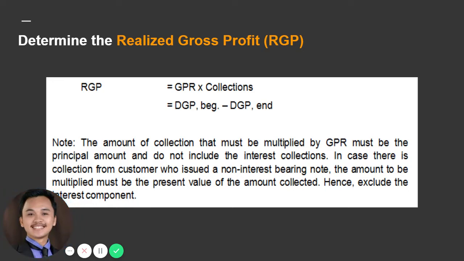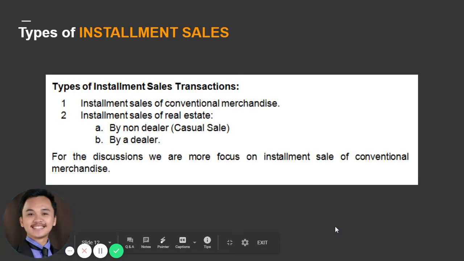So we need to extract the interest payment from that cash payment to compute for the total cash collection to be multiplied. Okay? So those are the three important components in computing for our realized gross profit.